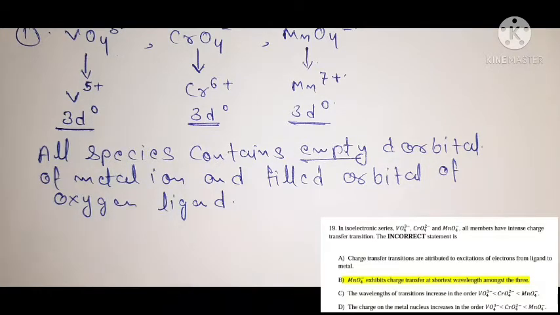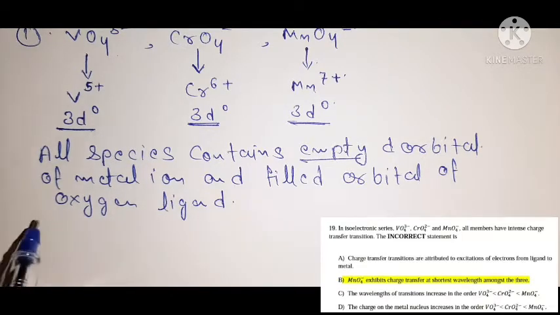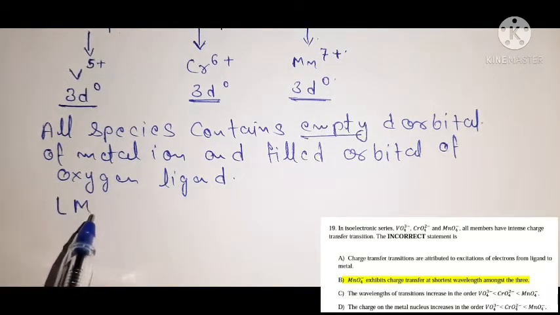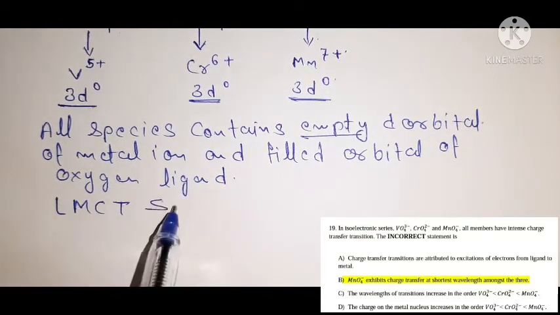In this condition, an electronic transition occurs between filled orbitals of ligands and empty d orbitals of the metal ion, and this type of transition is known as ligand to metal charge transfer spectra. Okay, so simply in all these complexes we have ligand to metal charge transfer spectra.